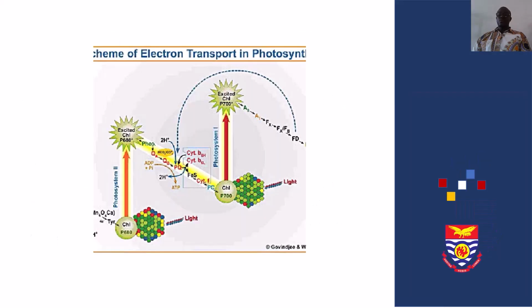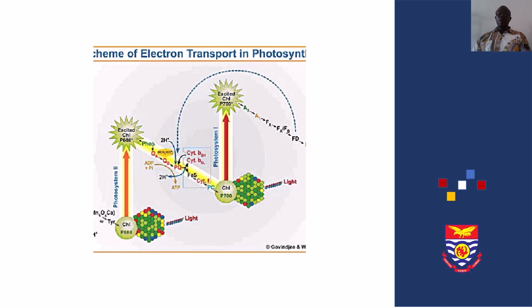So you realize that light is coming in, and just as we discussed, you have photosystem 2, where you have excited chlorophyll, that is where energy is absorbed and it goes through the processes.